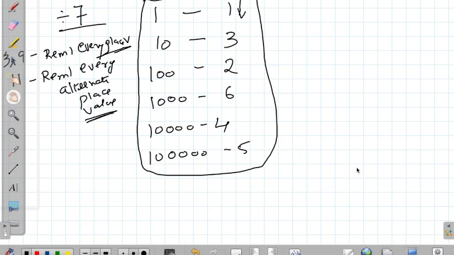Ma'am, if we consider 10 to the power of 0, 10 to the power of 2, 10 to the power of 4, the remainders are 1, 2, 4, that is 2 to the power of 0, 2 to the power of 1, 2 squared. Very interesting observation.